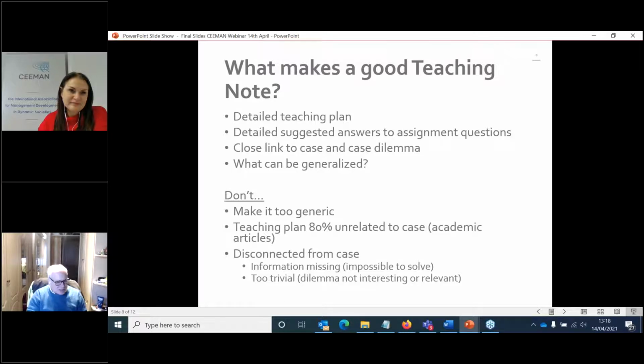What can be generalized? This is something that even experienced case writers miss sometimes. So a case is typically a sample of one. And we are all academics. We know that a sample of one is not statistically valid. That's not the point here. But you are highly unlikely to be in exactly the same situation again.